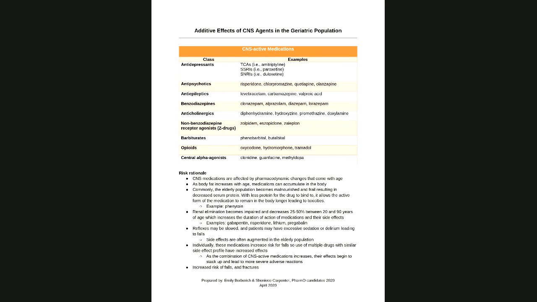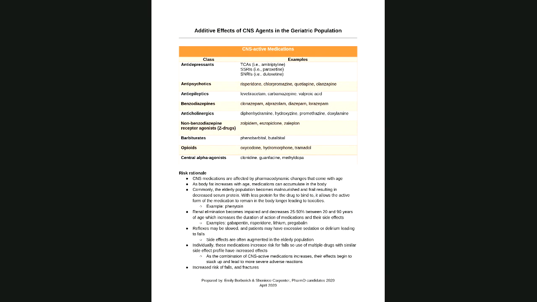Another factor that affects the elderly population is renal function. So renal elimination can be decreased by 25 to 50% between the ages of 20 and 90 years old. And many medications are eliminated renally, so this can really affect the population.